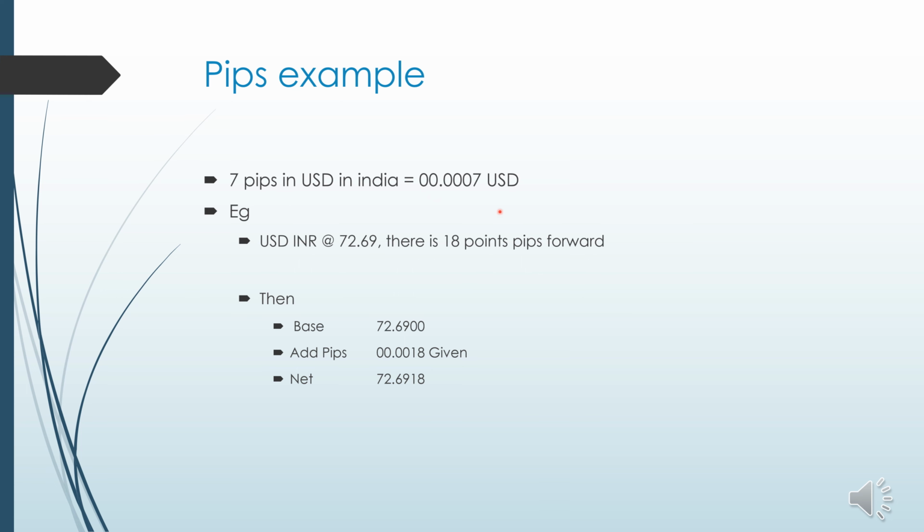A simple example will be: if USD INR is at 72.69, and there is an 18 pip forward movement, then the value of USD INR can be achieved by the following calculation.